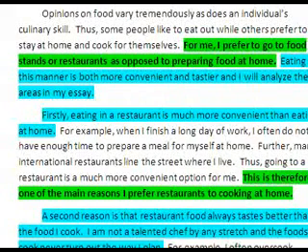I highlighted the areas in the essay so you can see how they link together. The green ones, if you remember, are always linking to the thesis, and the blue ones are linking to the topics that support the thesis. So if we read through it together: opinions on food vary tremendously, as does an individual's culinary skill. Thus, some people like to eat out, while others prefer to stay at home and cook for themselves. For me, I prefer to go to food stands or restaurants as opposed to preparing food at home.